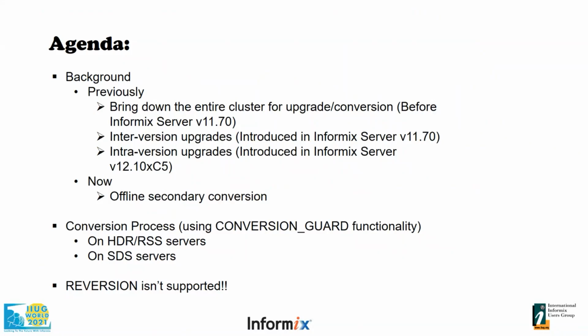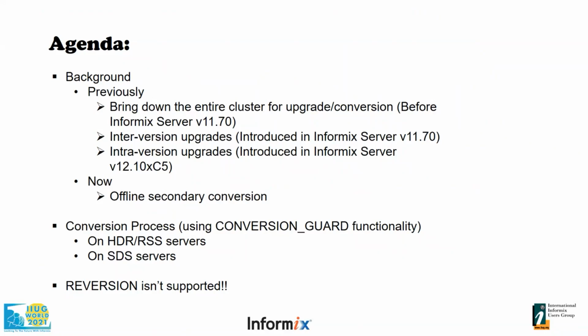Okay. And on the term you see here, conversion guard, I will just give you a brief on what that is. So it's a parameter to specify whether Informix server stops or continues an upgrade to a new version if an error occurs during the upgrade process.